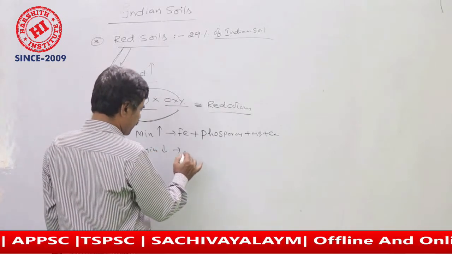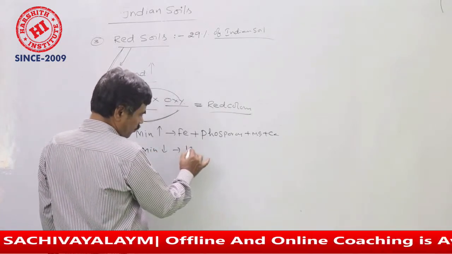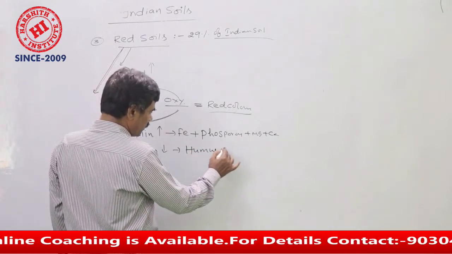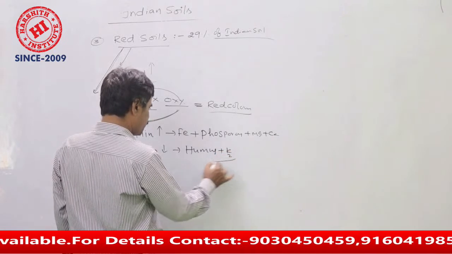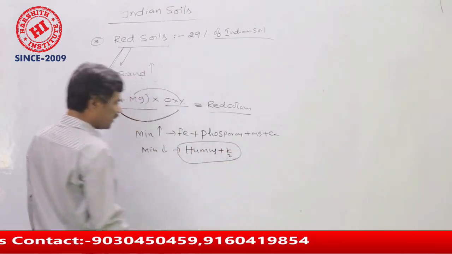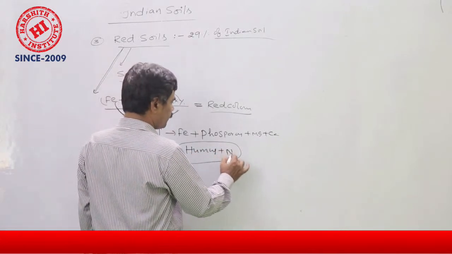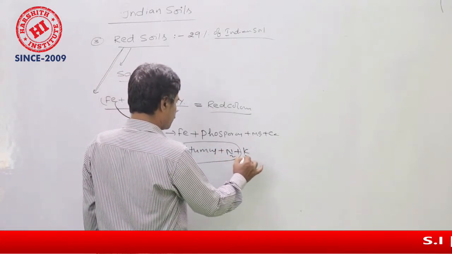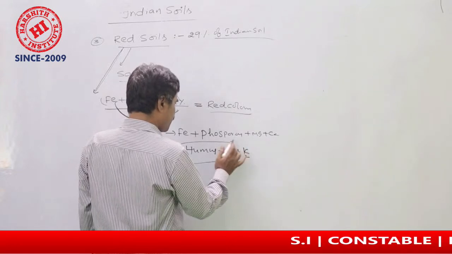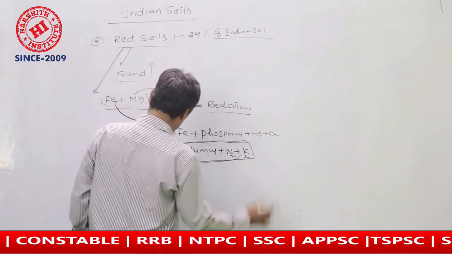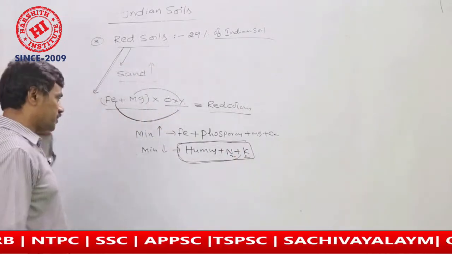Again, humus, and also potash. Both are in the least percentage, along with nitrogen. These are the three different types of minerals that are very low in red soils.